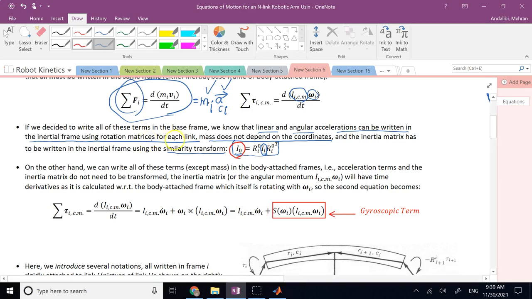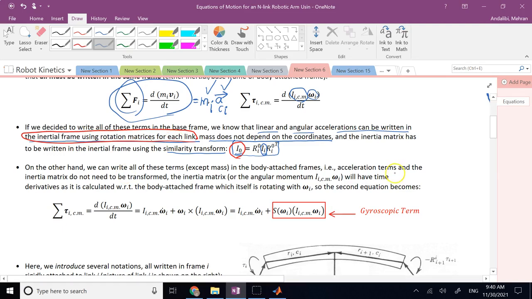If you paid attention here, for my omega and v, when I want to write them in the base frame, I have to use the rotation matrix for each link and then take them to the base frame, correct? So I have to basically take my omega and v to the base frame using rotation matrices, pre-multiply by rotation matrix. But when I'm writing everything in the body attached frame, guess what? I do not need to transfer v and omega because they are already in that frame.